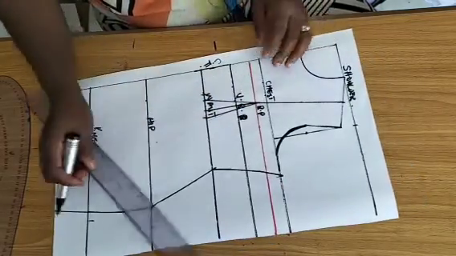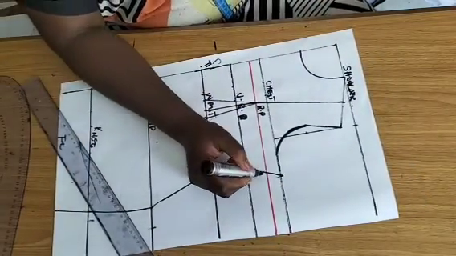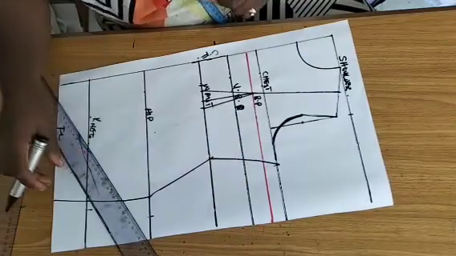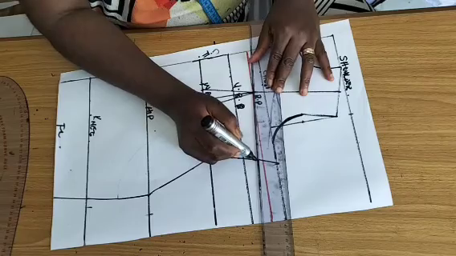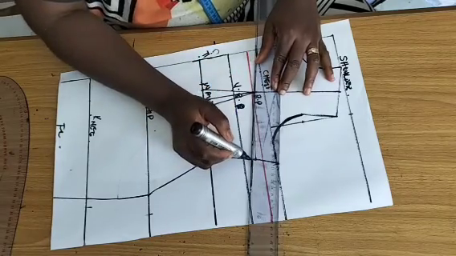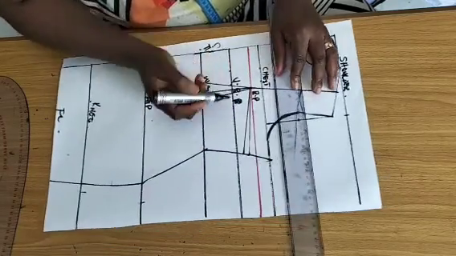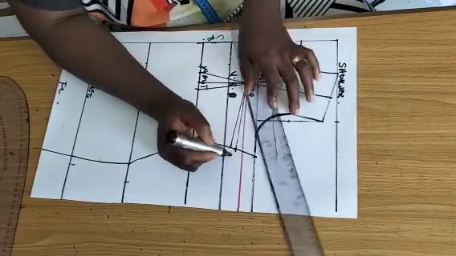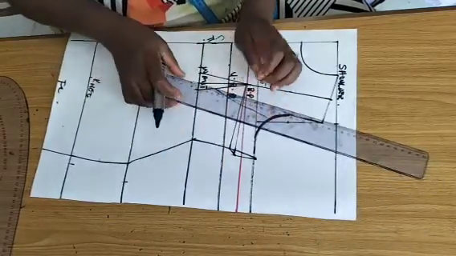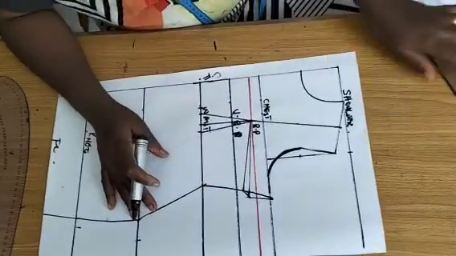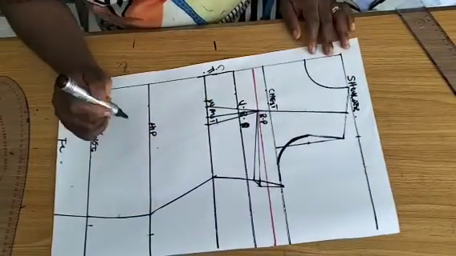Then I'll be having my bust dart right here. So I'm working on a small scale drafting, so I might not really have a full scale or a full measurement for this. So what I have here is my dart leg. Okay, so you'll be using your own full measurement to derive this.